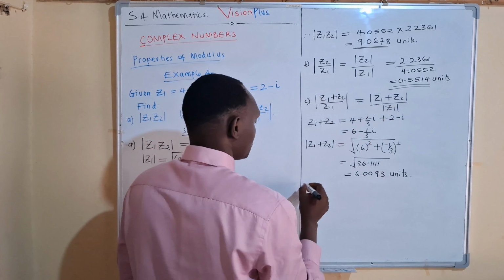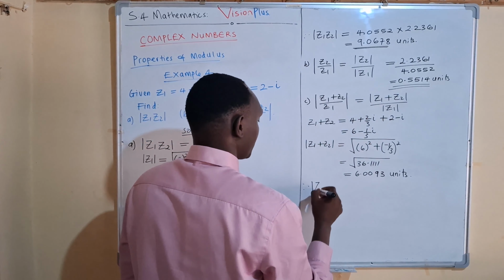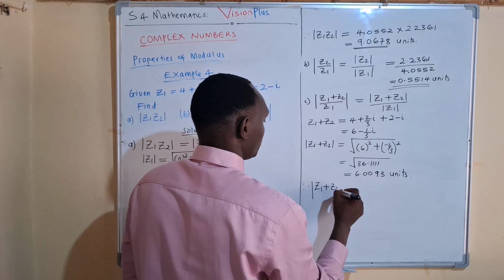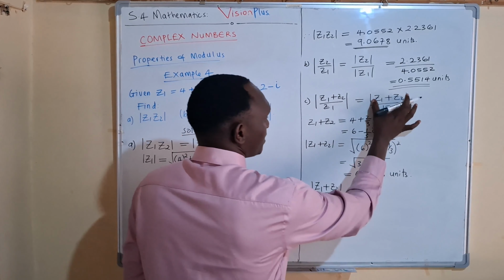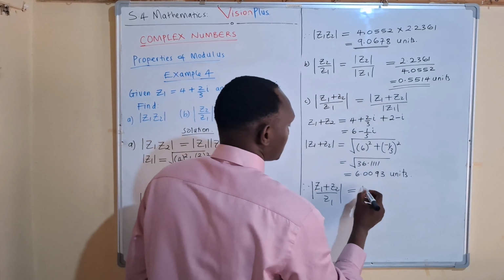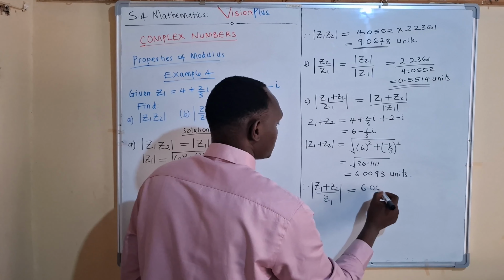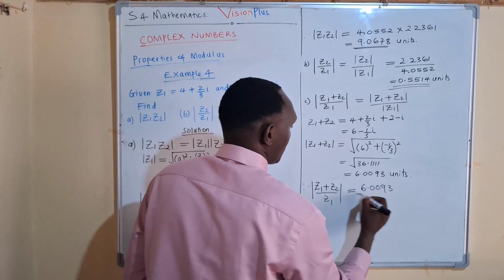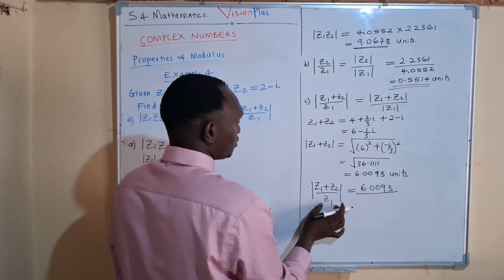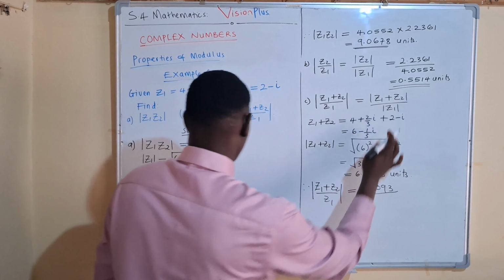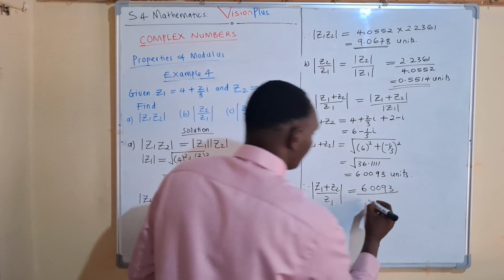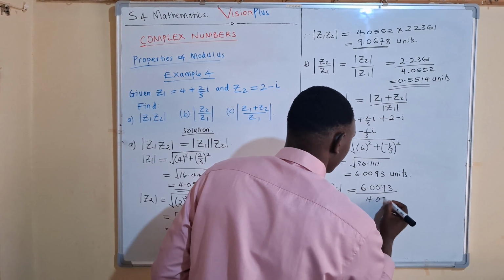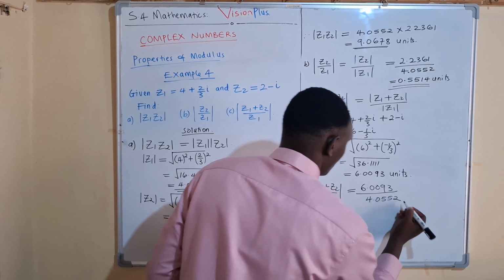And this is simply the magnitude of Z1 plus Z2, which we can substitute up here as the numerator. So here we can now say therefore the magnitude of Z1 plus Z2 out of Z1 is the same as, what is the magnitude of Z1 plus Z2? It is 6.0093. But we are dividing it by the magnitude of Z1. What is the magnitude of Z1? It was already here, 4.0552.